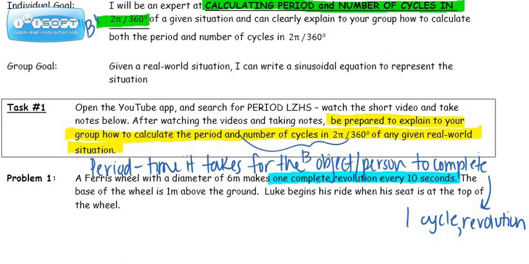Sometimes we have to do some work and figure out how long it takes to do 1 revolution or 1 cycle. So on this Ferris wheel, the first problem tells us that it completes 1 complete revolution every 10 seconds.